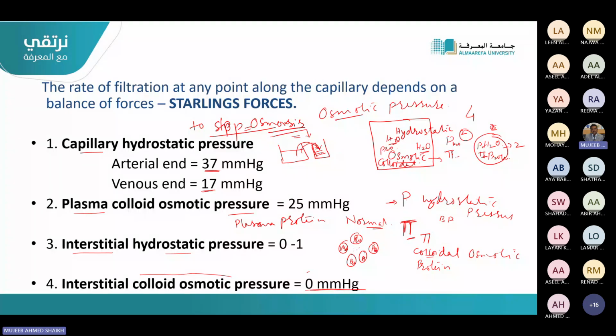We have seen capillary hydrostatic pressure is 37 on the arterial side, 17 on the venous side. And because of the plasma protein in the circulation, there is 25 millimeter of mercury colloidal osmotic pressure. In the interstitium, there is a little amount of water, so there will be 0 to 1 millimeter of mercury hydrostatic pressure. Okay, agreed now. So please remember these values.